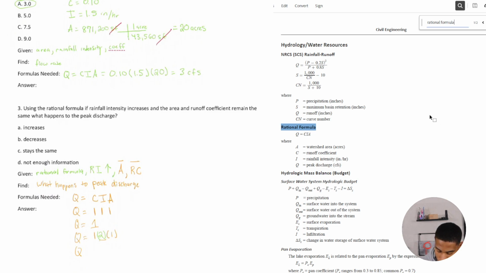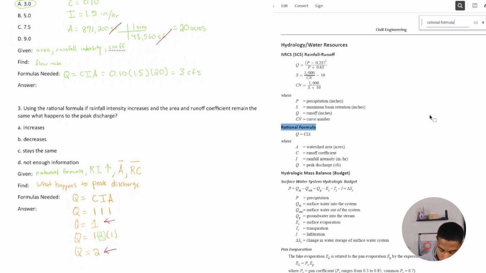This is what the question says. So now my new answer is going to be 2. So what happens when I do what it says in the problem? My Q increases. It goes from the first value, 1, to the next value being 2.